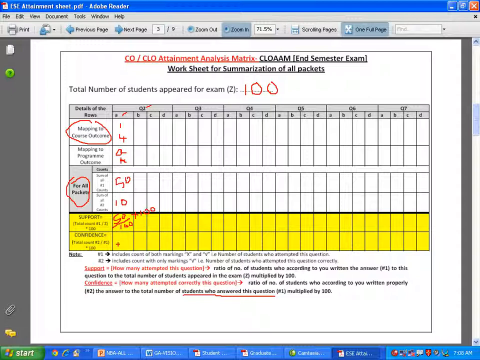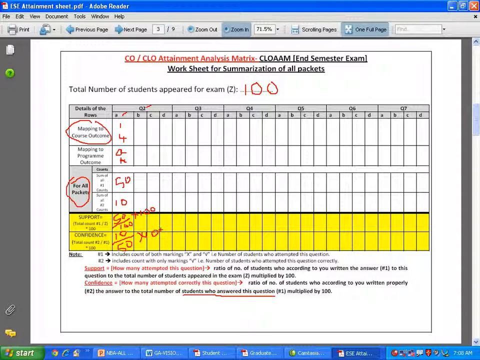So out of 50 students, how many have answered correctly? That is 10. Thus, this is the confidence multiplied by 100, since it's a percentage.